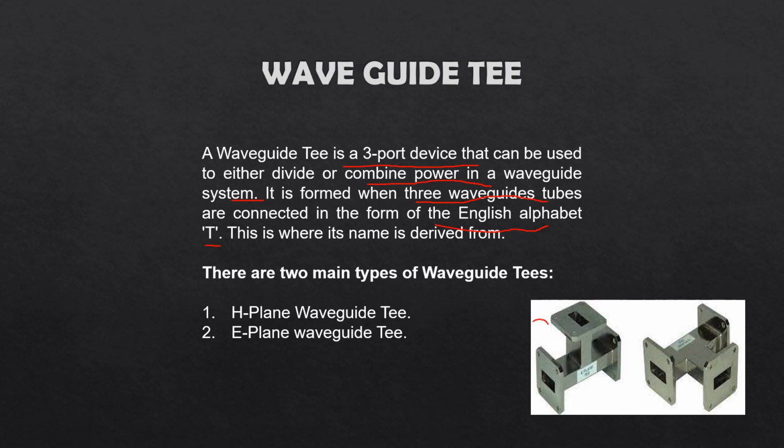As you all can see, the waveguide junction is shown in this particular figure. There are two types of waveguide T's, that is H-plane waveguide T and E-plane waveguide T. In today's session, we will be discussing H-plane waveguide T. Let us see what is known as H-plane waveguide T.